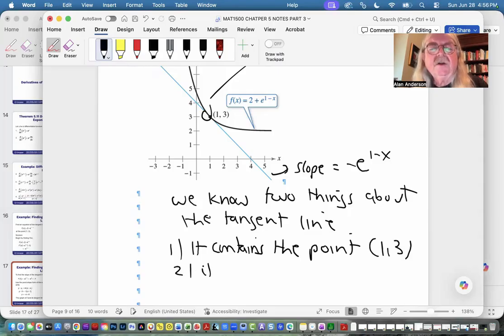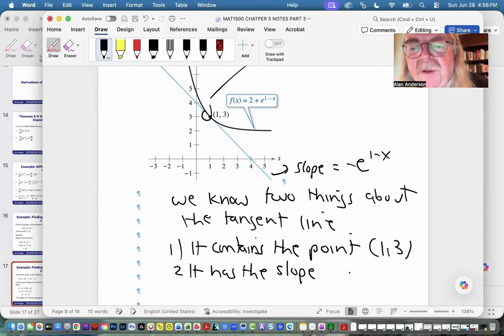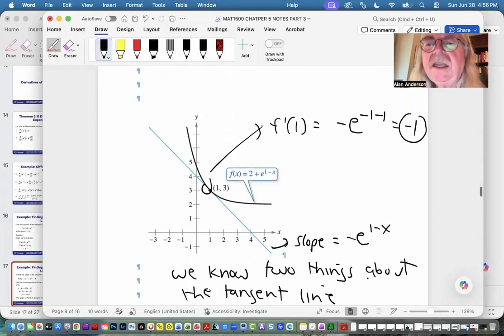And it has the slope that we just solved for, minus 1.